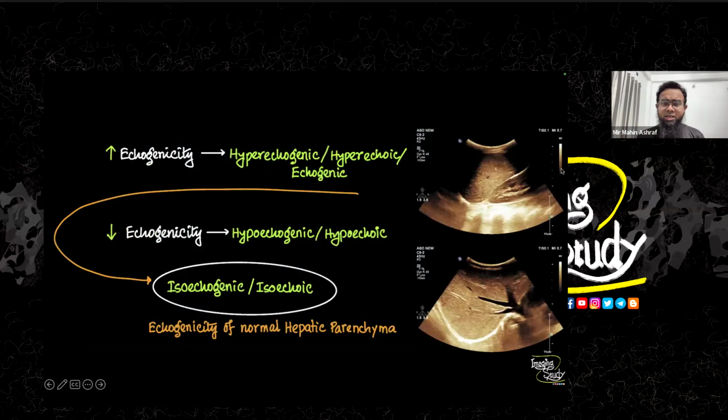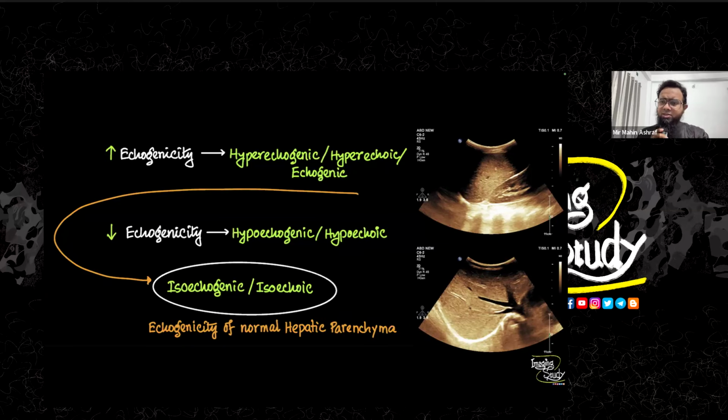So some structures have very good echogenicity or high echogenicity. We call it hyperechogenic, hyperechoic, or echogenic. Some have very low echogenicity, so we call it hypoechogenic or hypoechoic. When you say hyper or hypo, there should be a standard with which we can compare.